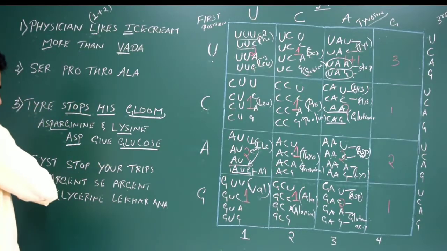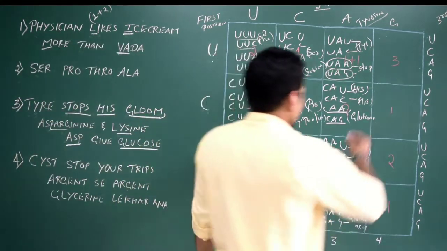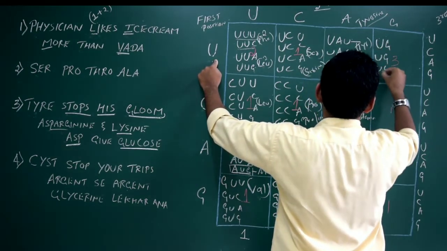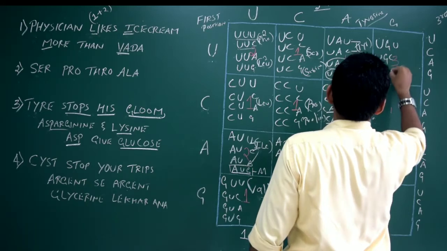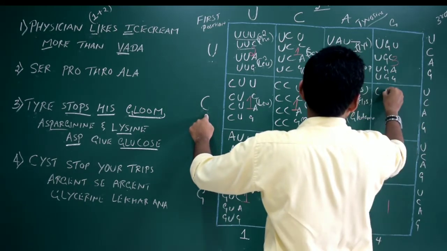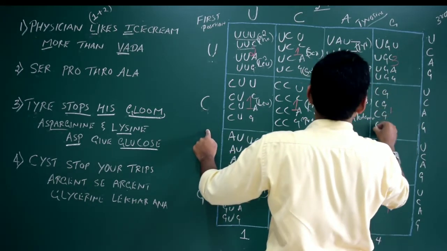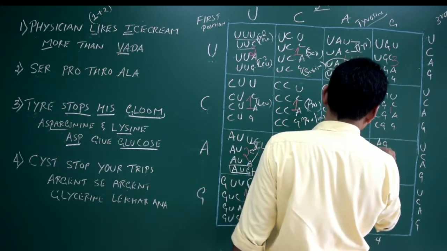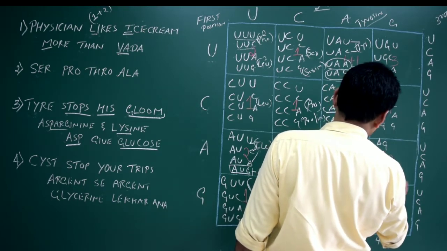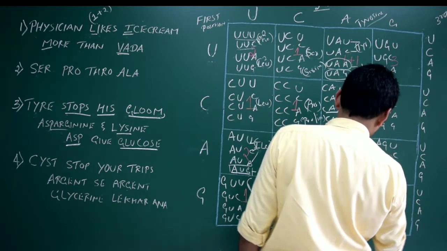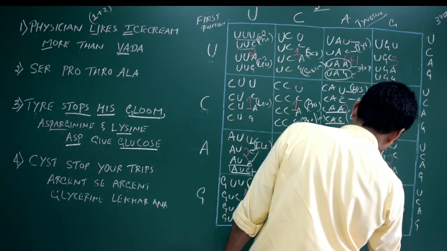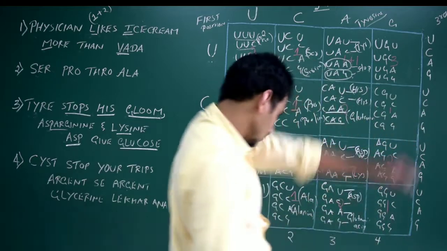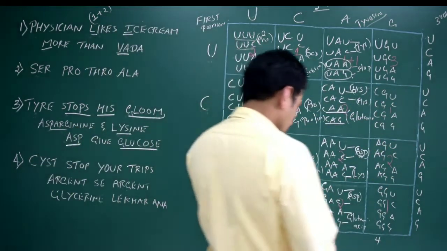Before that, we write the possible codons: UCAG, UCAG, UCAG, and so on. So that is a total of 64 codons if you take all.